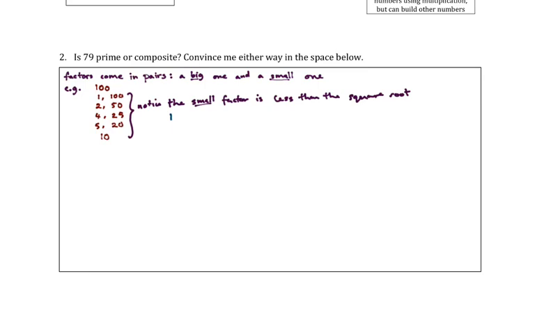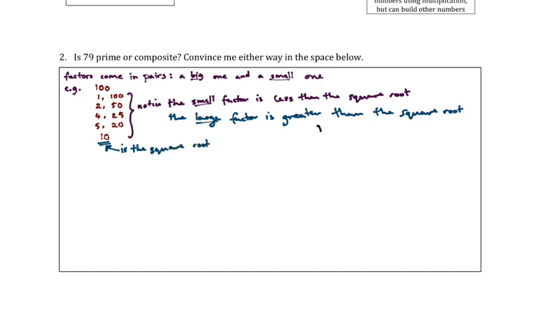So all the small factors are less than 10, and all the big factors are larger than 10. So 2 and 50, 2 is smaller than 10, 50 is larger than 10. 10 itself is neither a small factor nor a big factor, it is just the square root.